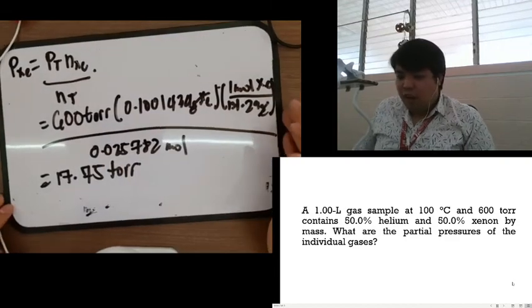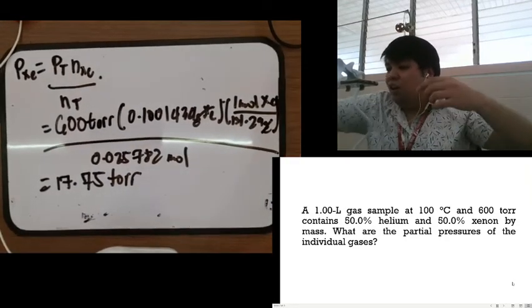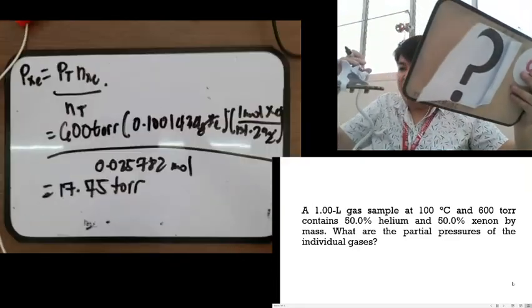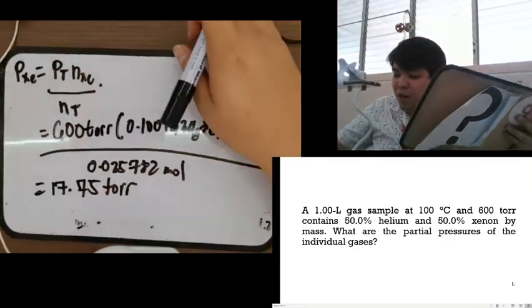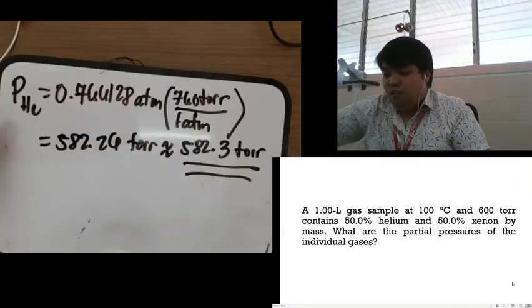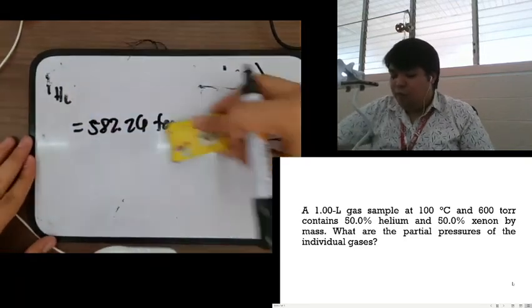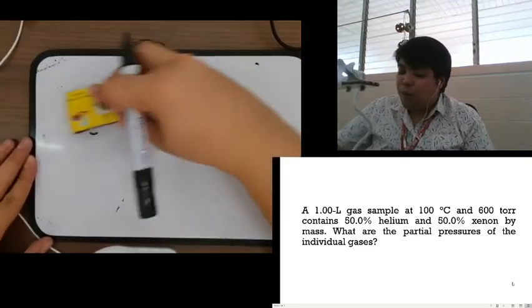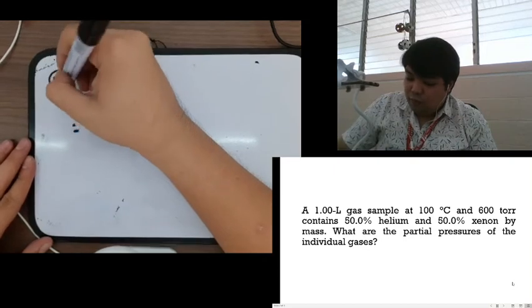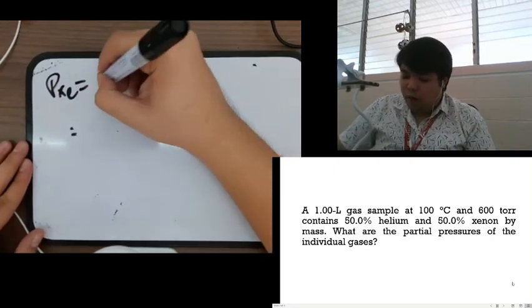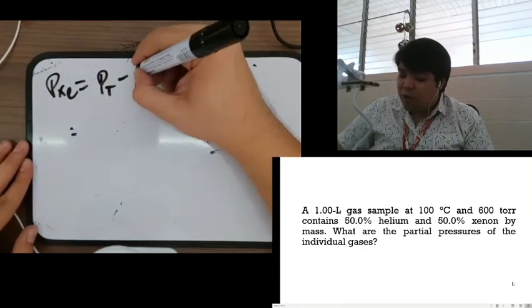Okay? Alternatively, you can also get the partial pressure of xenon from the difference between the total pressure and the partial pressure of helium.